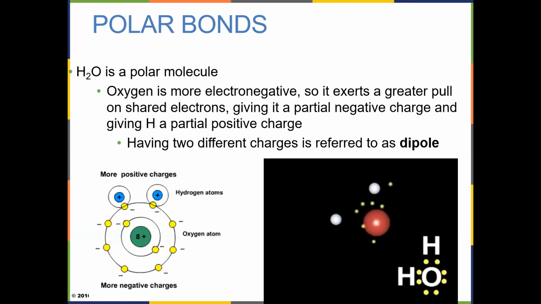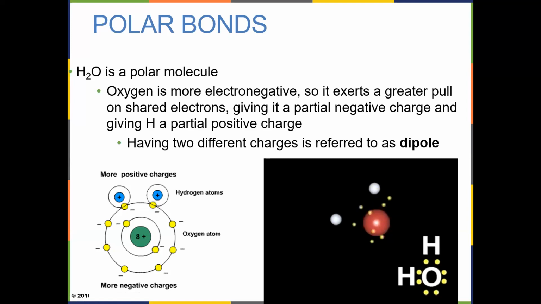The end result is that it gives a slight negative charge. All those electrons are being pulled down towards the protons, and it makes the oxygen end of a water molecule slightly negative. We call it a dipole.